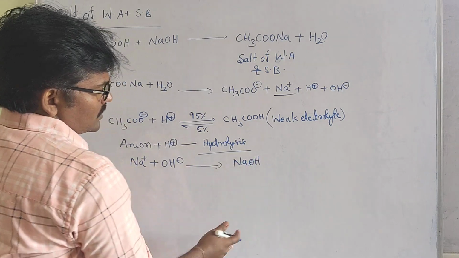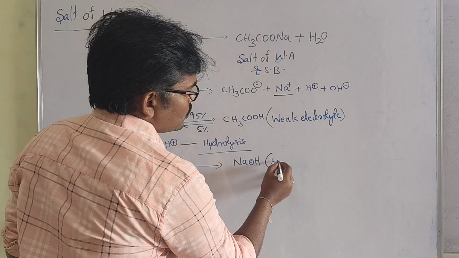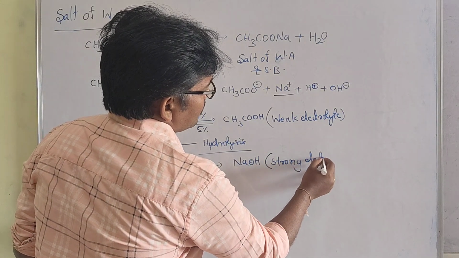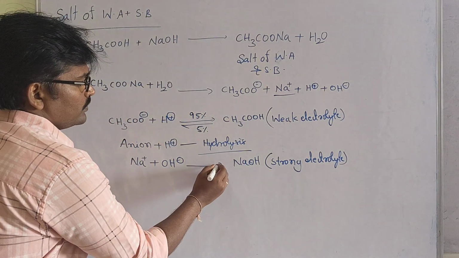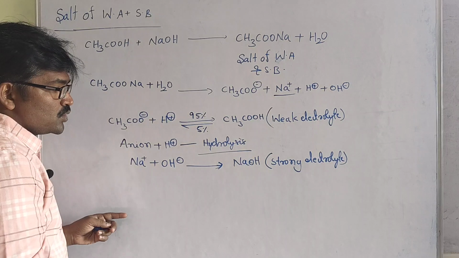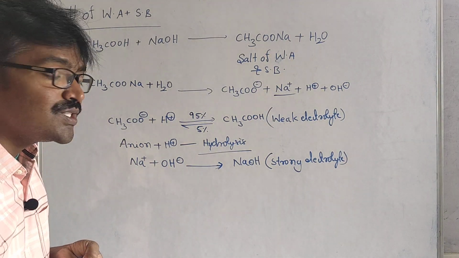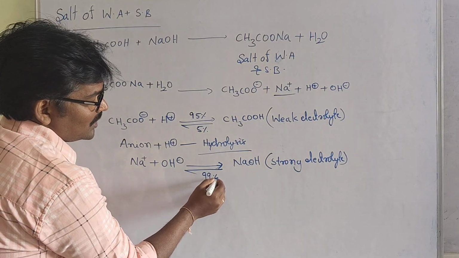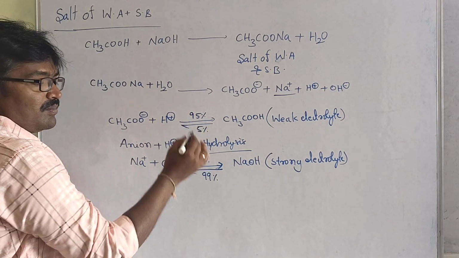The previous story, the same story will be repeated. This is a strong electrolyte. A strong electrolyte is going to dissociate but not associate. So dissociation takes place 99%, and association does not take place, that you have to remember.